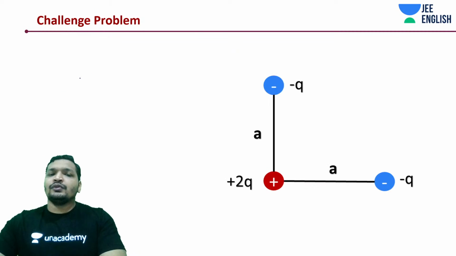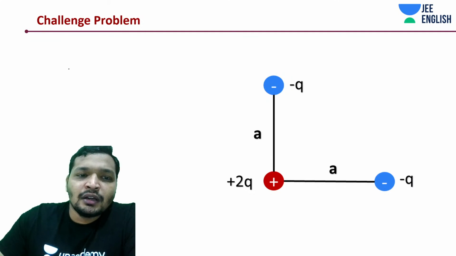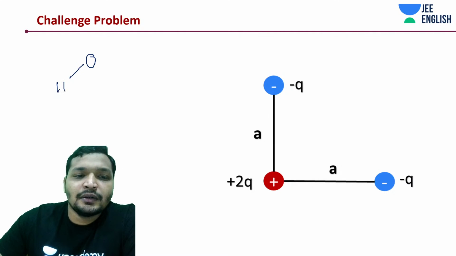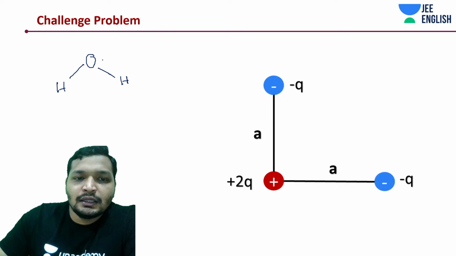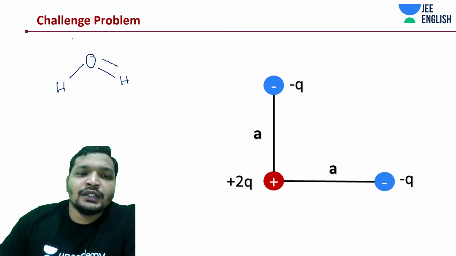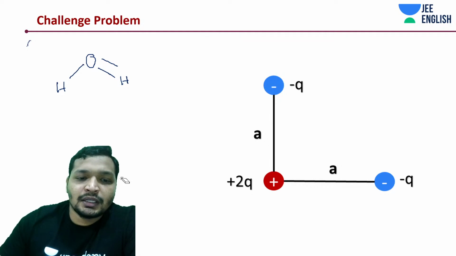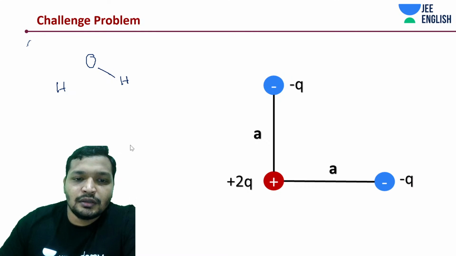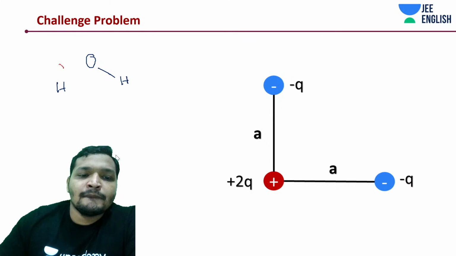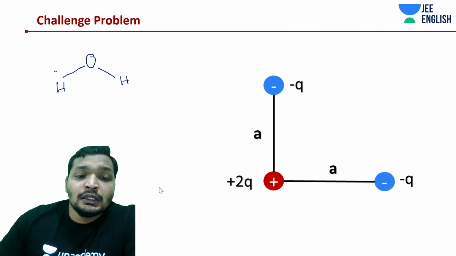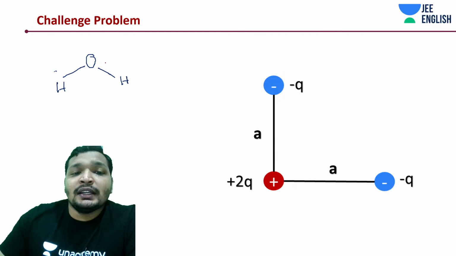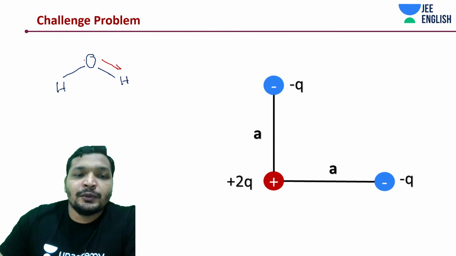So I'll quickly explain something. Remember, water molecule is a polar molecule which has net dipole moment. Right, negative to positive. Let me illustrate something interesting. So yes, one is going to be from negative to positive, other is going to be also negative.